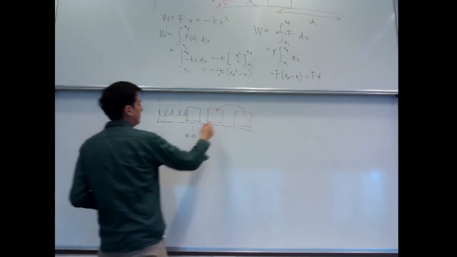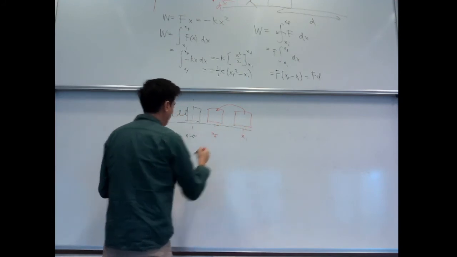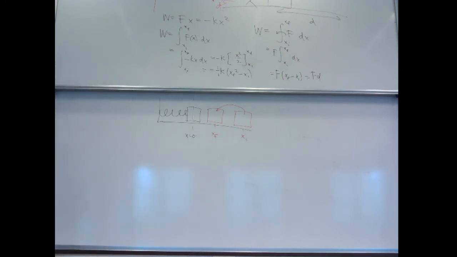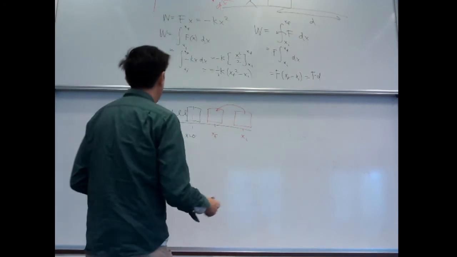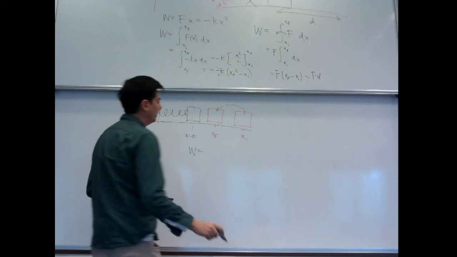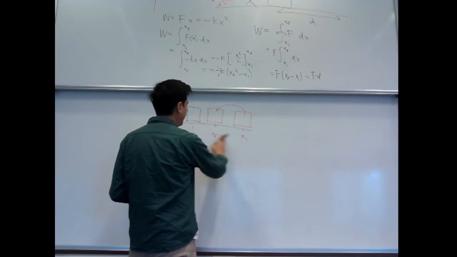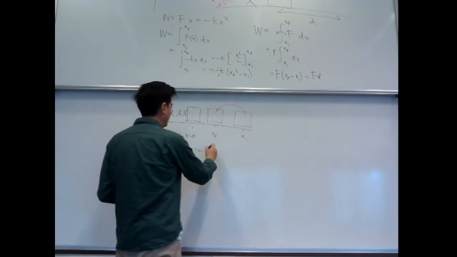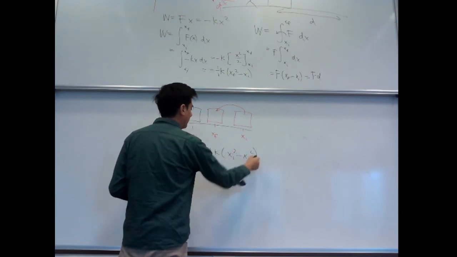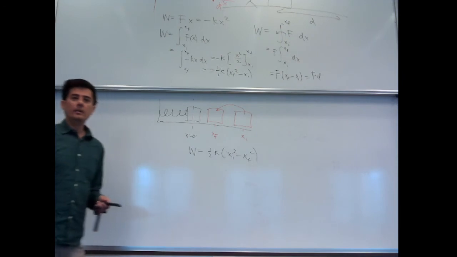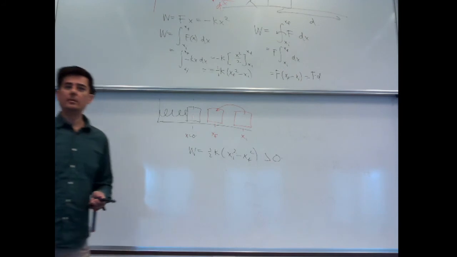So this is x initial and this is x final. Let's look at it first mathematically. If xi is bigger than xf, then we can rewrite this like this, and this is positive, right? So that's what the maths is saying.